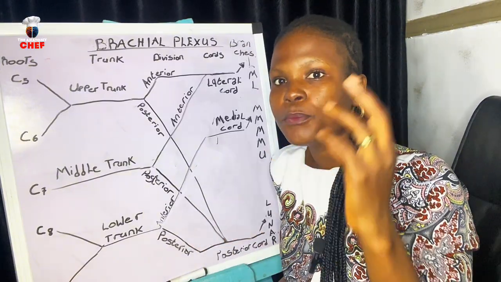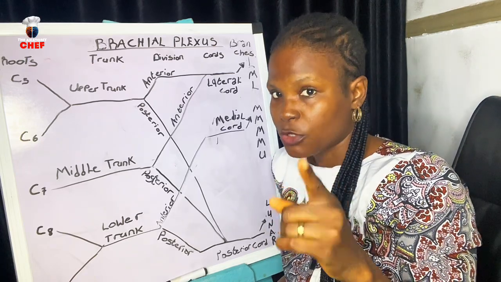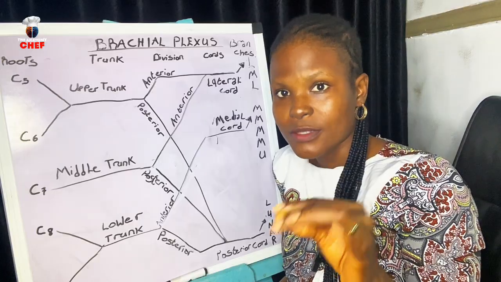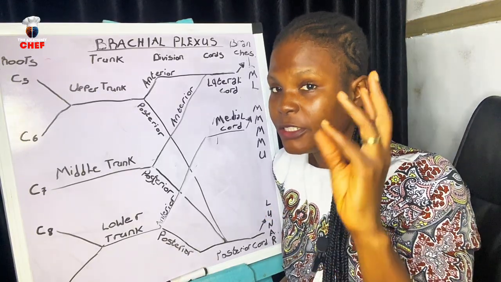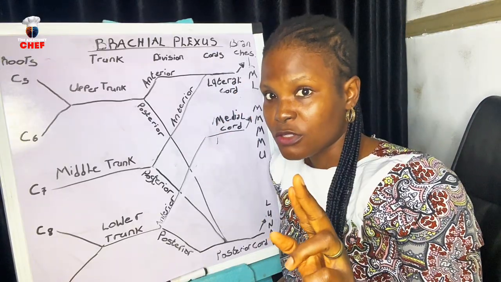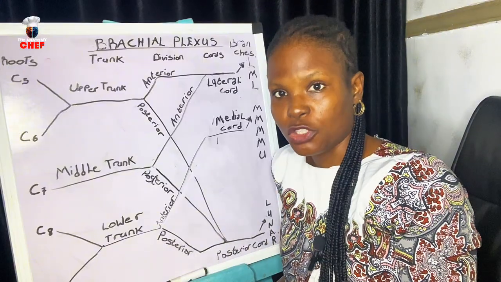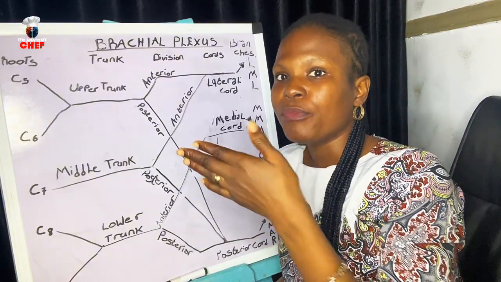So there are 5. You have your roots, then your trunks, then your divisions, then your cords, and lastly your branches.